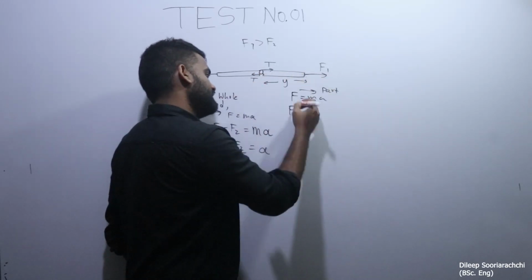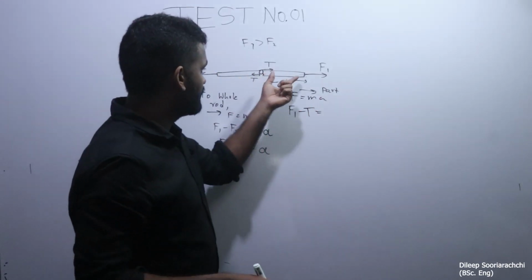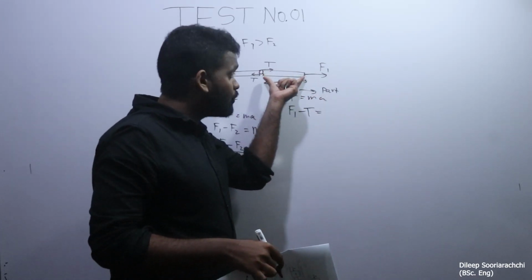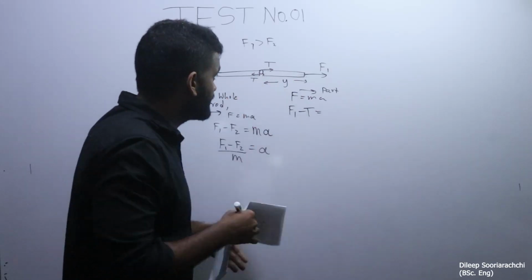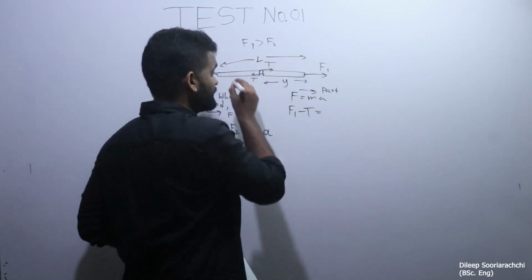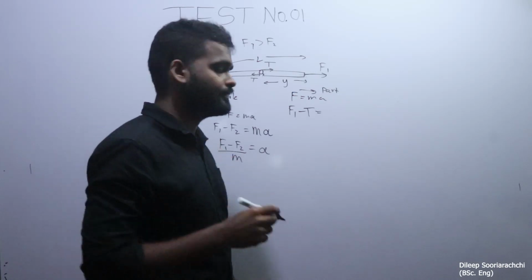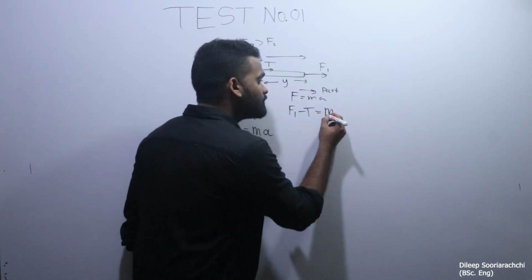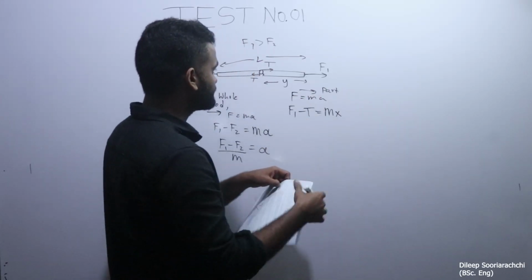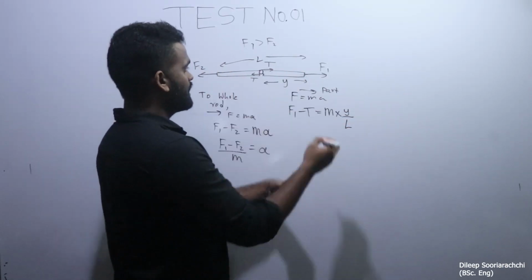So F1 minus T is equal to the mass of the rod. I'm not going to substitute simple m here. You have to get the mass of this part only. So if the total length of the rod is capital L, the mass of this part only, I can write as a fraction. If the mass of the whole rod is simple m, you can multiply that by y, then divide it by the total length.